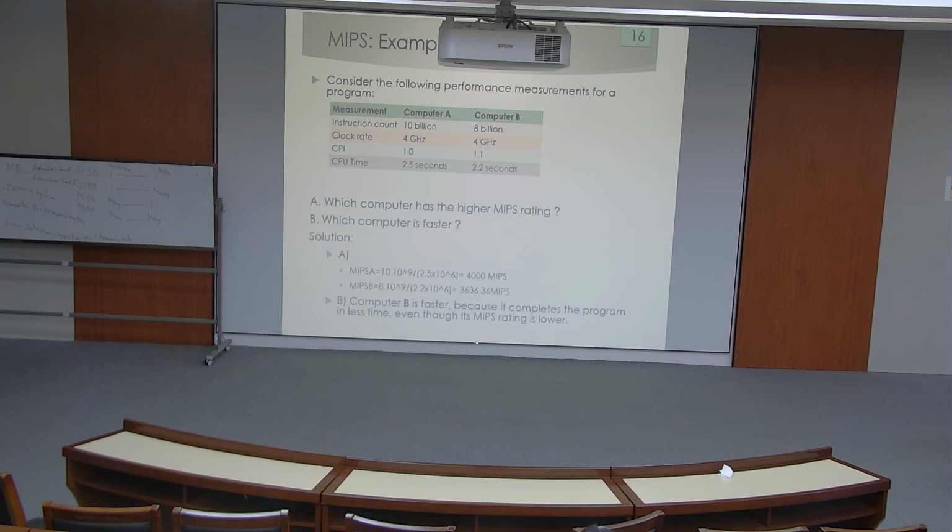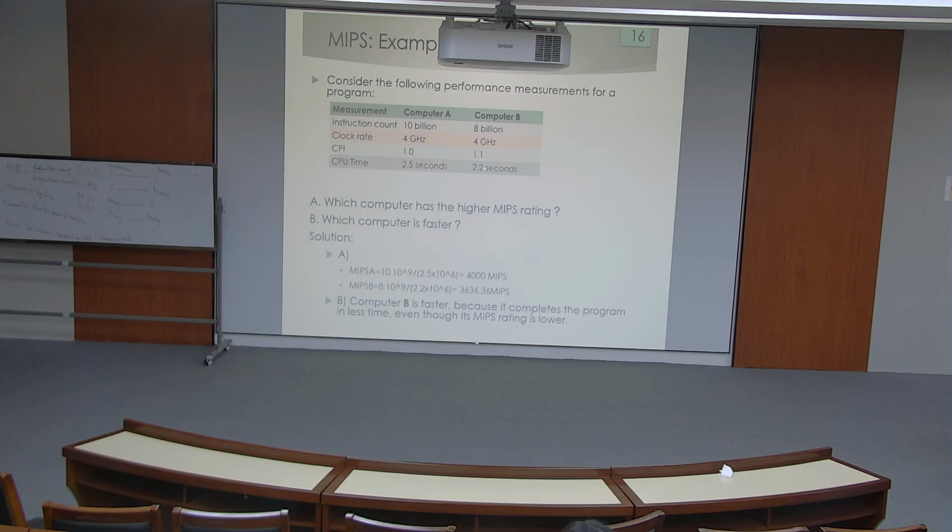Now the second question is, which computer is faster? If you look at the CPU time, we have 2.5 seconds for computer A and 2.2 seconds for computer B. Even though computer A has a higher million instruction rate, it doesn't mean that it's the one which is faster.